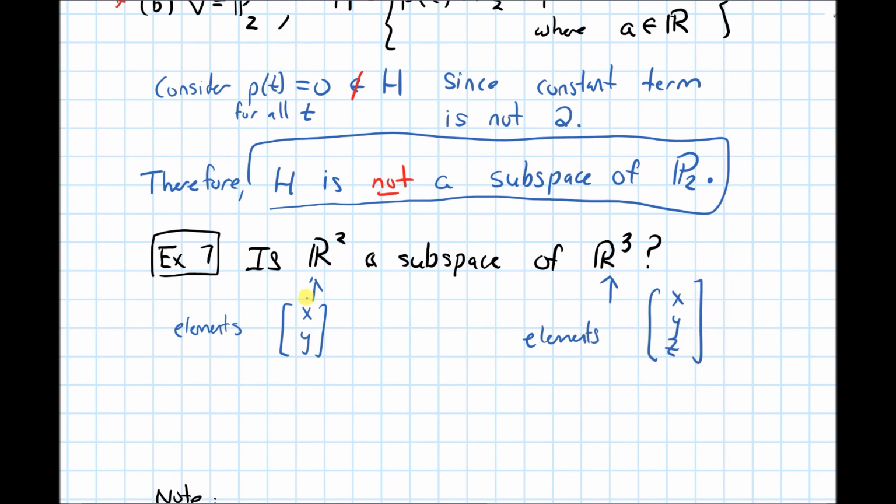Because of that, we cannot say that the things in R2 live in R3. The elements in R2 are in a completely different universe than R3. They don't live in R3. They're not elements of R3.